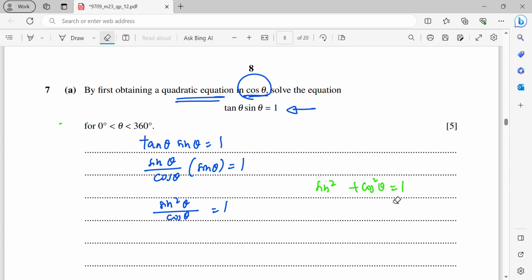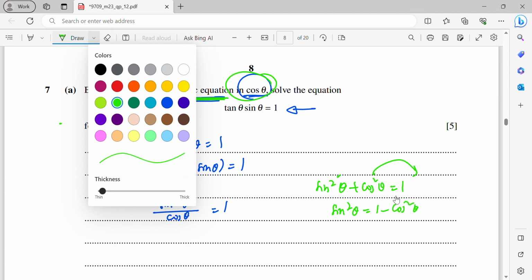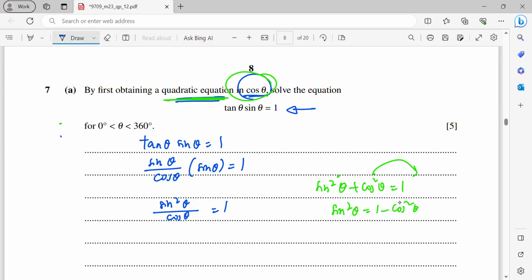From here, in the question, you are asked to form the quadratic equation in cos theta, which means we need to eliminate the sine squared. So I have to move the cos squared theta to the other side, which means my sine squared theta is 1 minus cos squared theta. By replacing the sine squared theta, you will get 1 minus cos squared theta over cos theta equals 1.